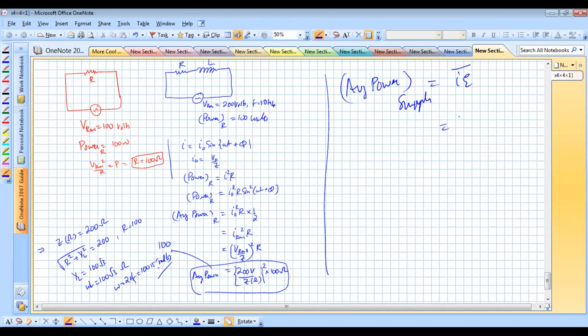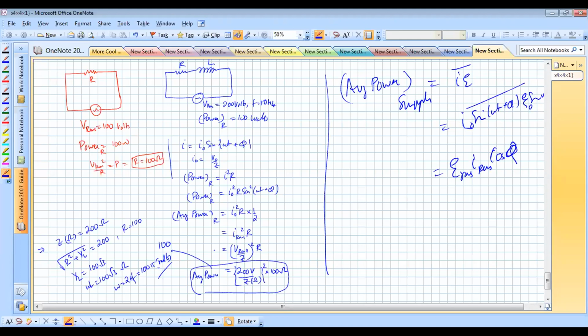So that is I naught sin(omega t plus phi) into E naught sin(omega t), average. So that comes out to be E_RMS into I_RMS into cos phi. That here works out to be this only because I think the inductor consumes an average power of 0.